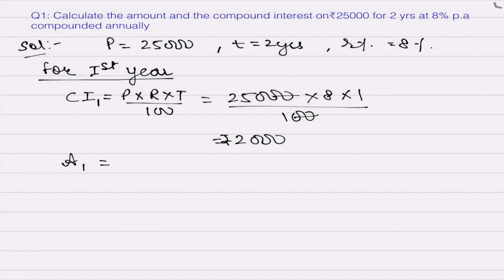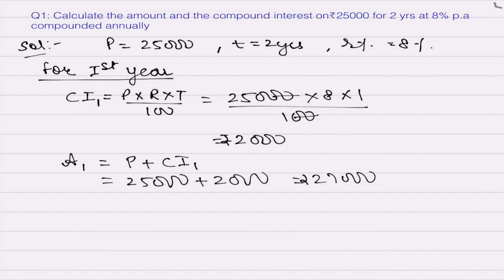Now the amount of the first year is principal plus interest of the first year, that is 25,000 plus 2,000, that is 27,000 rupees. Now this amount will become the principal for the second year. Now we will calculate the interest for the second year.